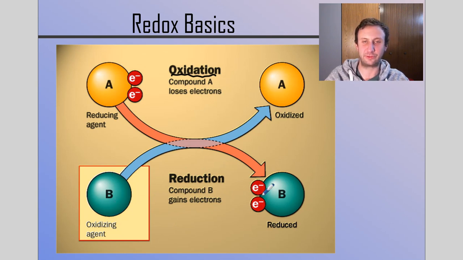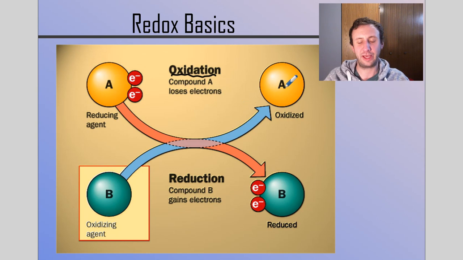It gained some electrons, and now it is more negative than it was before. So electrons were gained by the oxidizing agent. So the oxidizing agent goes through reduction, gains electrons to become more negative. The reducing agent goes through oxidation, it loses electrons, right, to become more positive.